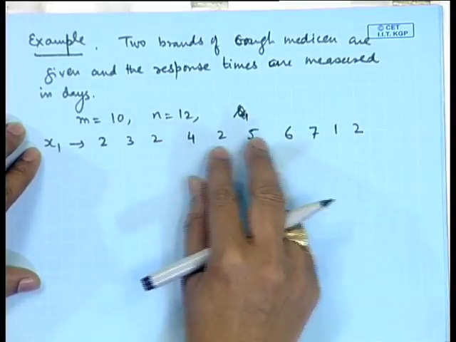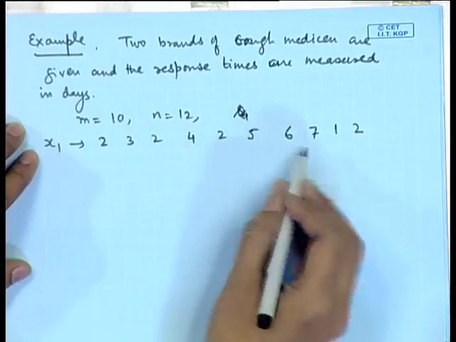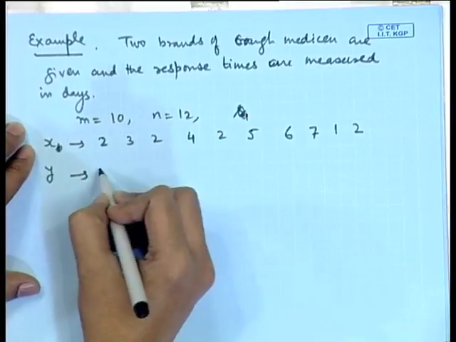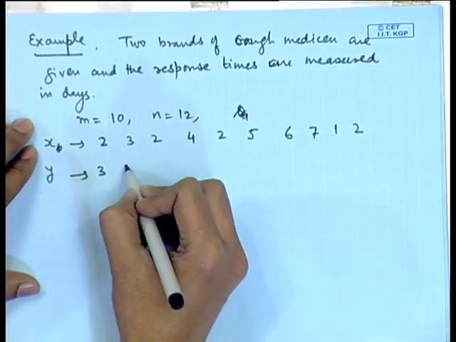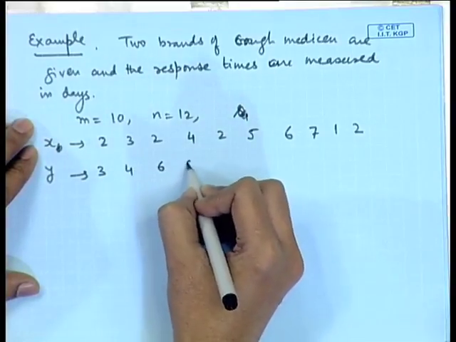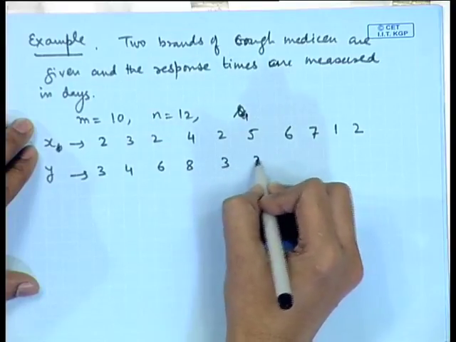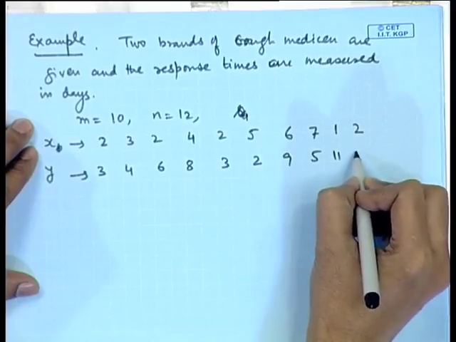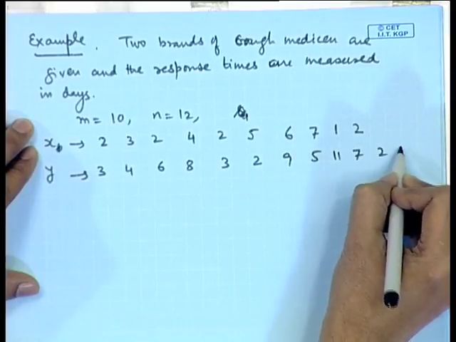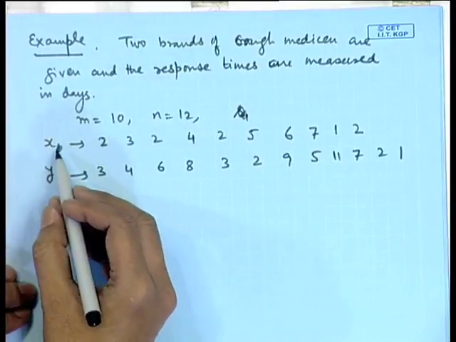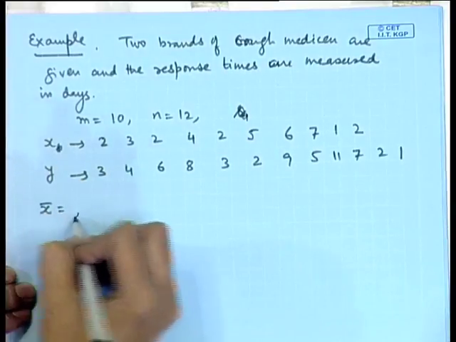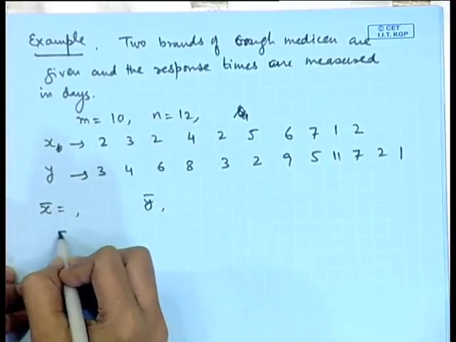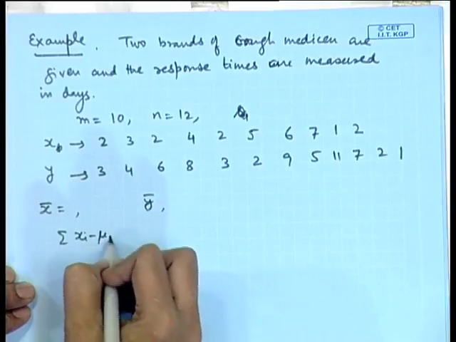So, we have 10 data here and for y we have the data say 3, 4, 6, 8, 3, 2, 9, 5, 11, 7, 2, 1. Now, based on this we calculate x bar, y bar and we calculate sigma x i minus mu 1.